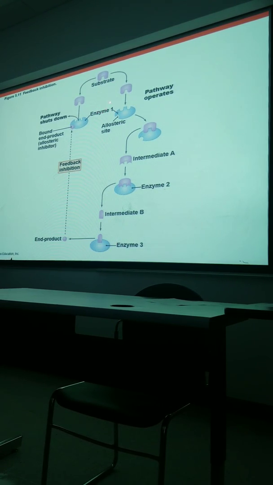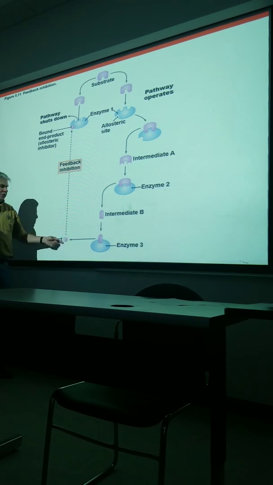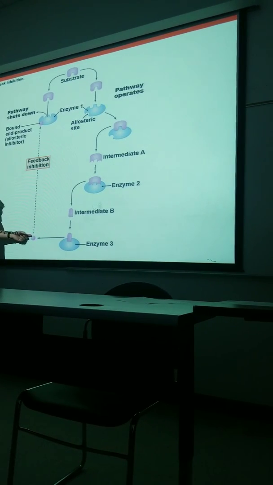The enzyme's going to stay active until you make all the product you need. If you don't need to make any more of this, you don't want to keep making it. It's a waste of resources and energy, right? This is going to feed back up to bind that allosteric inhibitory site and do what? Shut it down. Until what? Until you run out of this and you need to start making more.